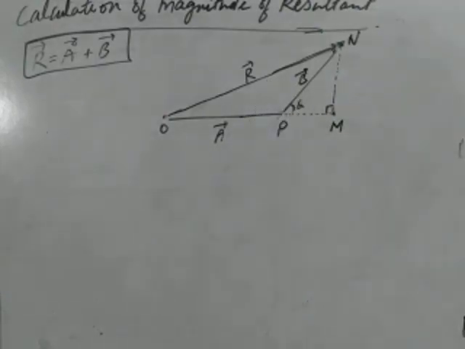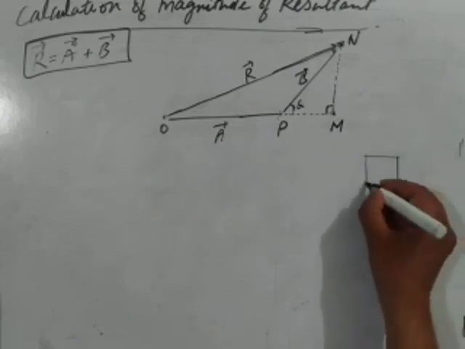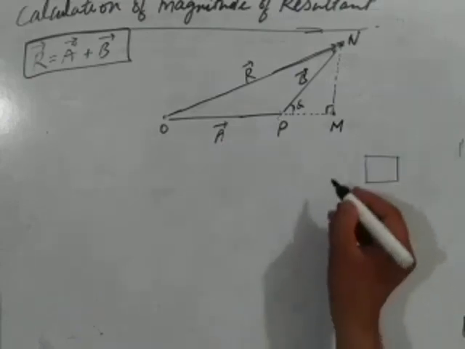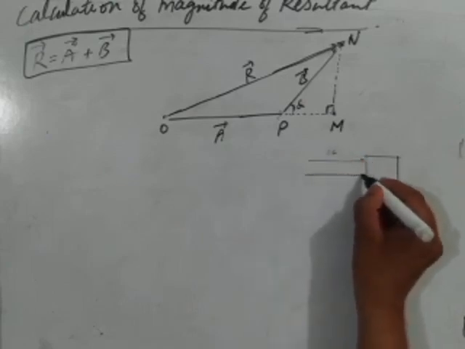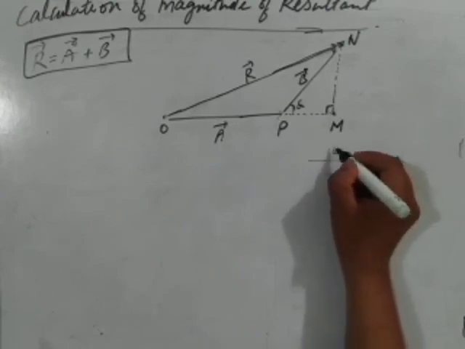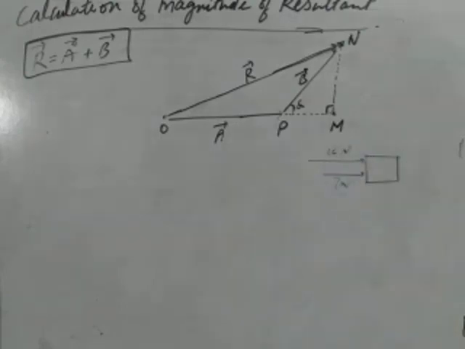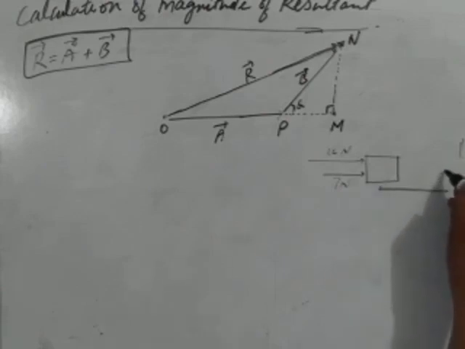So if we take an example, say this is an object and we have applied a force of 10 Newton as well as 7 Newton on this object, due to which it displaces from this point to this point.